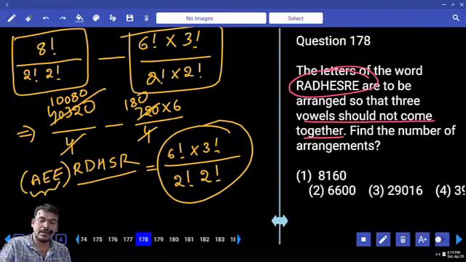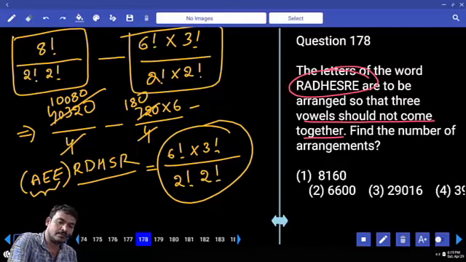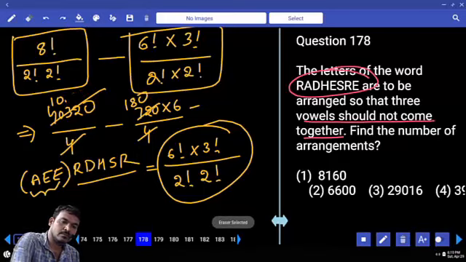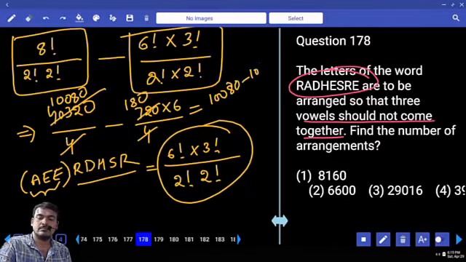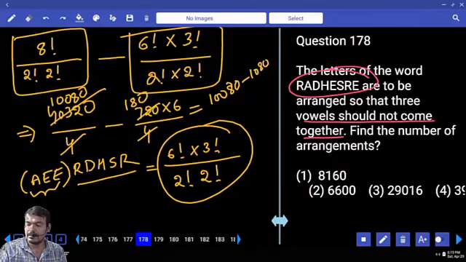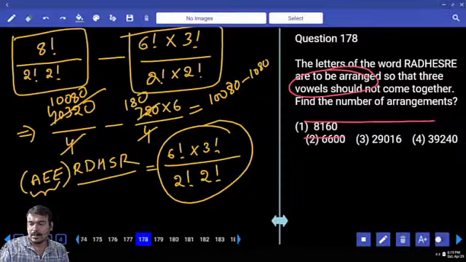Okay. 10,080 minus 1,080. What is the answer? 9,000.